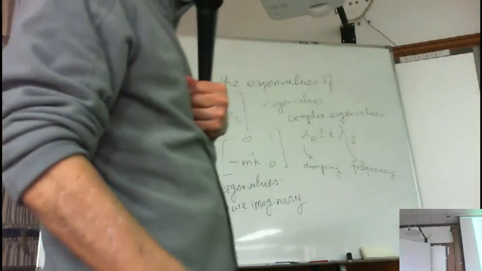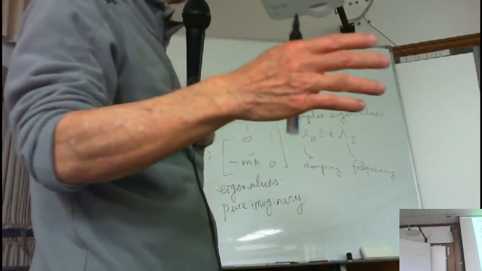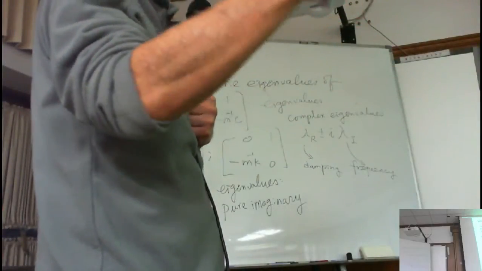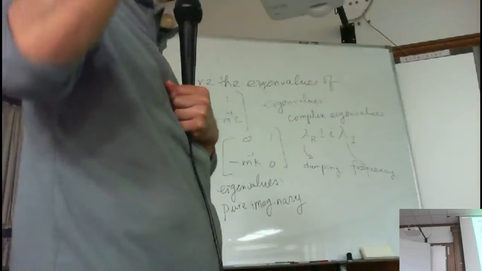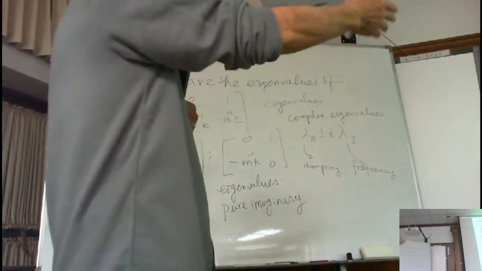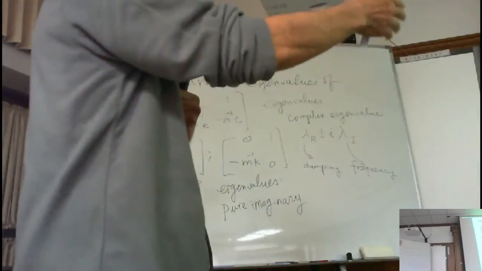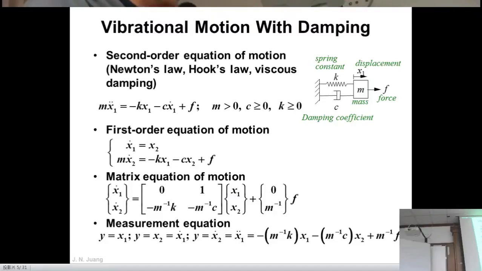Now, the measurement equations. The same thing: x1, x2. If you use a measurement device for x1, then you get a position measurement. If you use a velocity measurement, then you get the velocity x2.